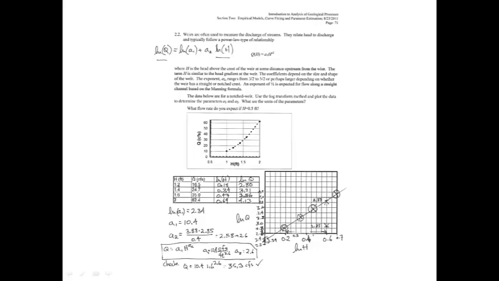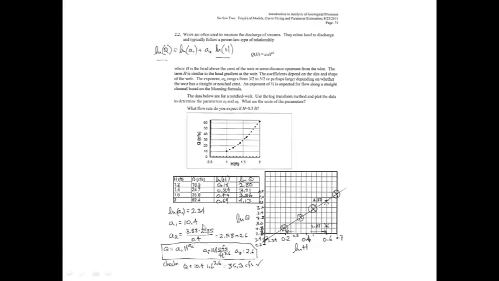So I had to measure down here and extend the scale, and I get that the intercept is 2.34, and that puts a1 at 10.4. Actually, what I should have done here is label a1 as equal to e to the 2.34, and that equals 10.4. That would have been clearer.